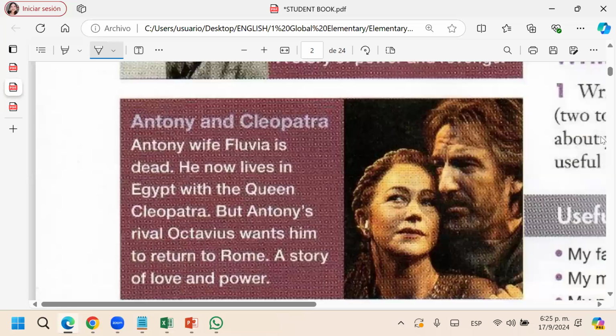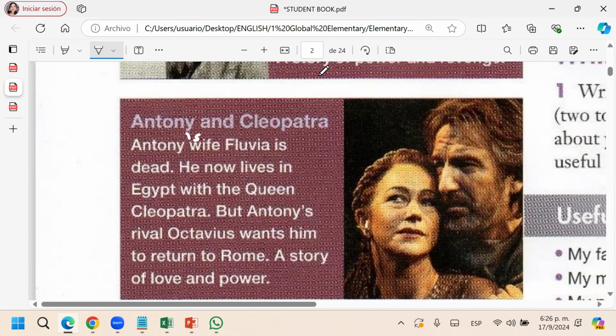Antony and Cleopatra. Antony's wife. On the first line, Antony's wife. Read the complete paragraph. Antony and Cleopatra. Antony's wife, Flavia, is dead.